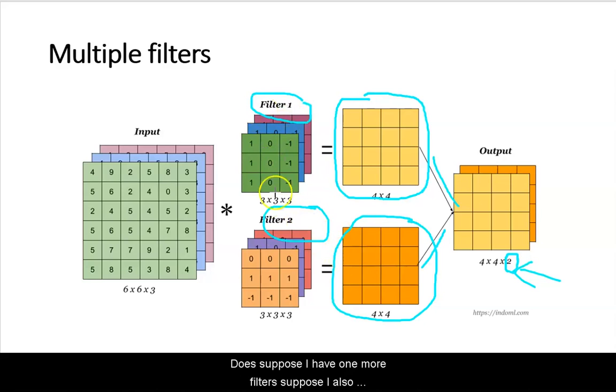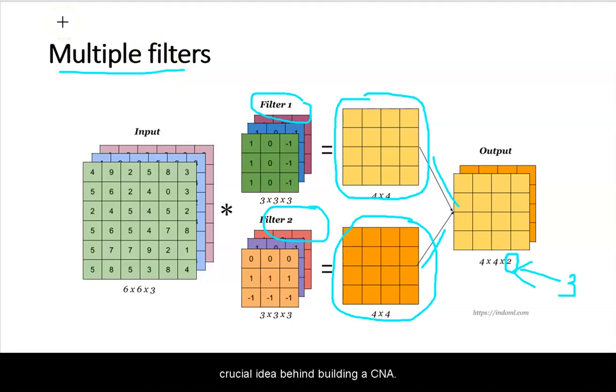Now suppose I also have a filter 3, then in that case this 2 will be 3. So I will have a 4 cross 4 cross 3 output. So this is about multiple filters, and it is again one crucial idea behind building a CNN.